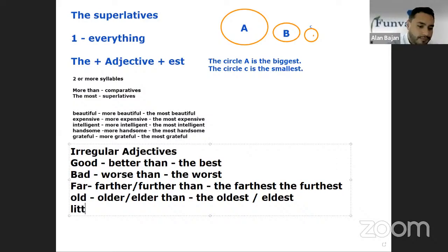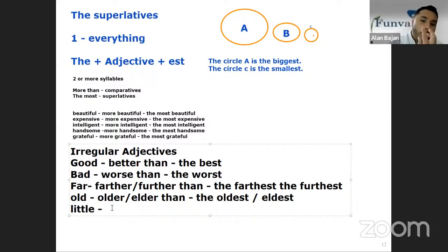Little is irregular. I can say more little if I talk about size. If I talk about size, I say little. The circle is more little than.